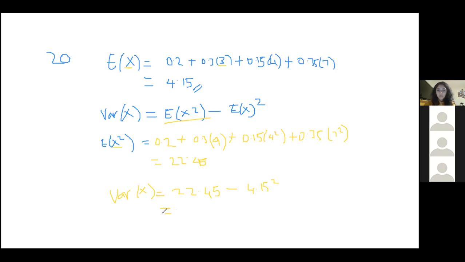And again, you can just plug this in your calculator. You don't have to do it by hand, and you get 5.23 to 3 significant figures. So this is the variance of x. So this is how you'd work out what the expectation variance of x is.